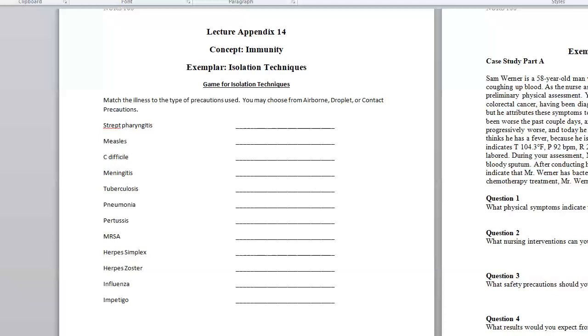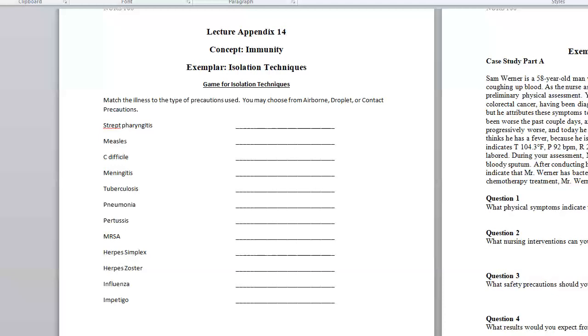All right, so those are the three that the video you watched talked about. Your book goes on to talk about isolation practices, and I think it's important that we're doing other things with our patients when they are in isolation.